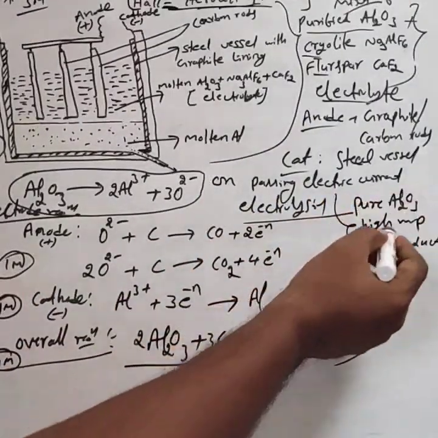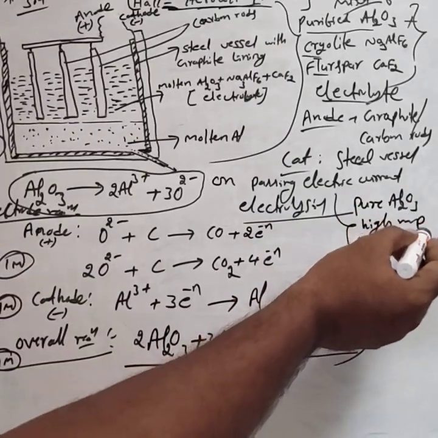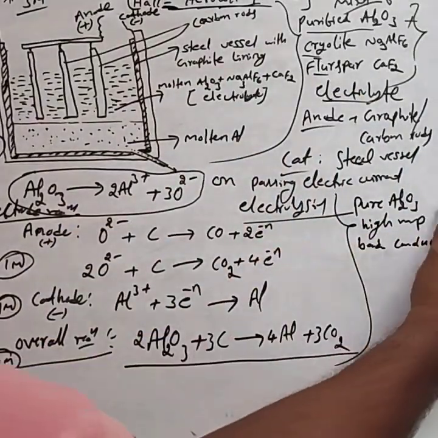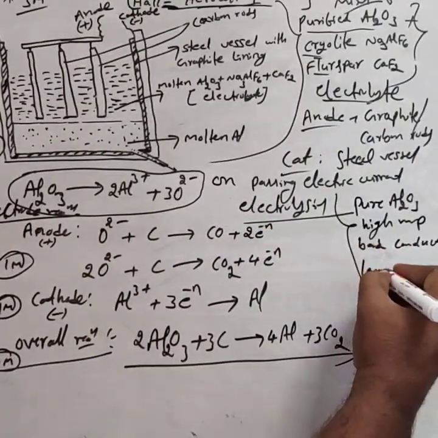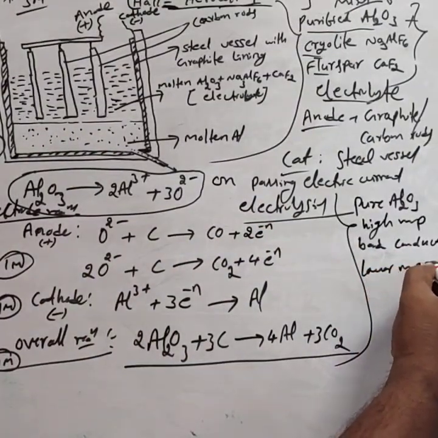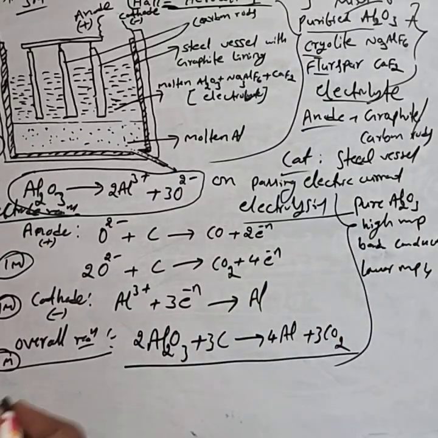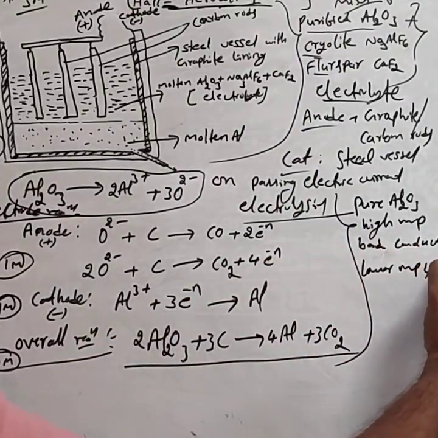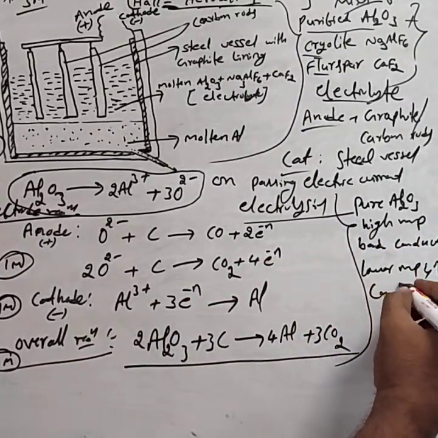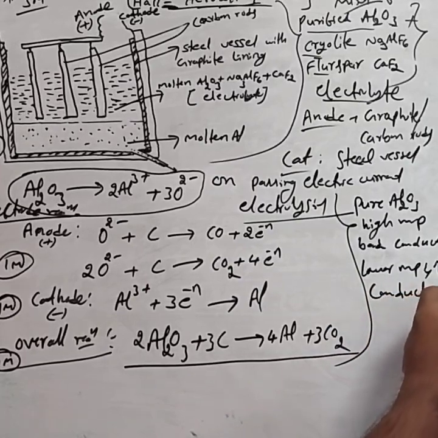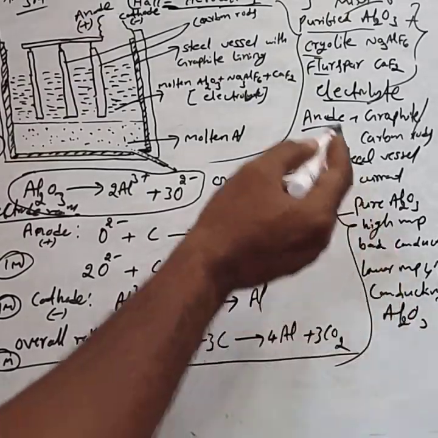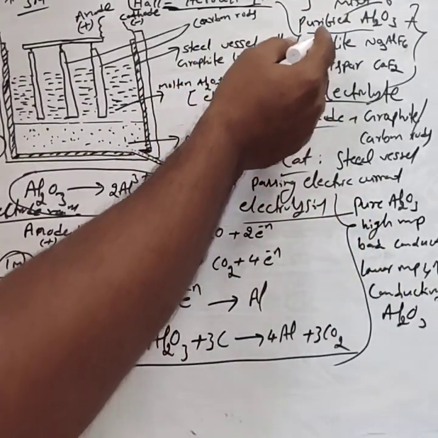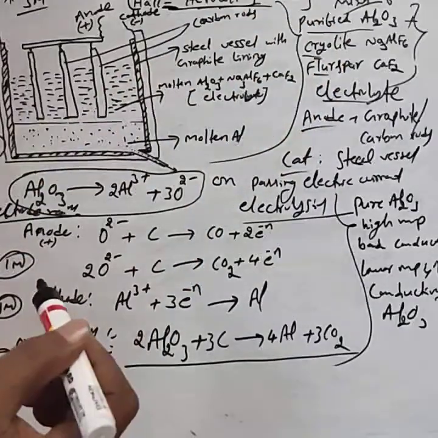To lower the melting point and to increase the conductivity of alumina, the mixture is treated with cryolite and fluorspar.